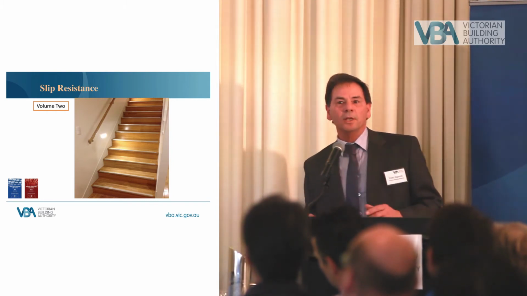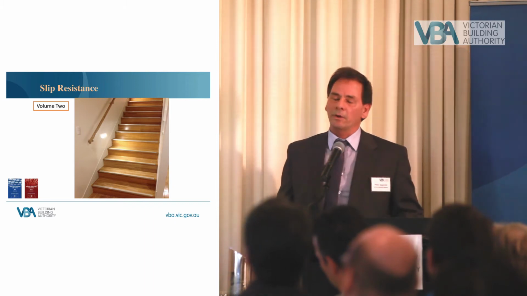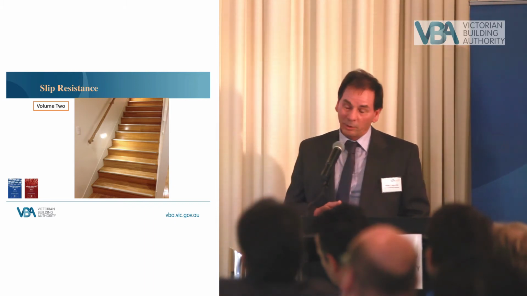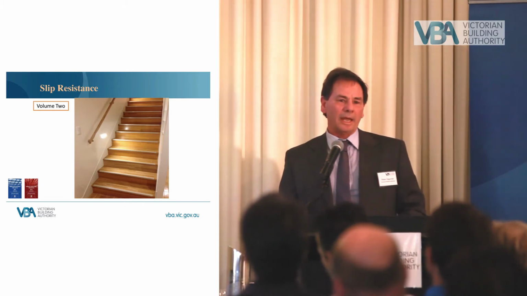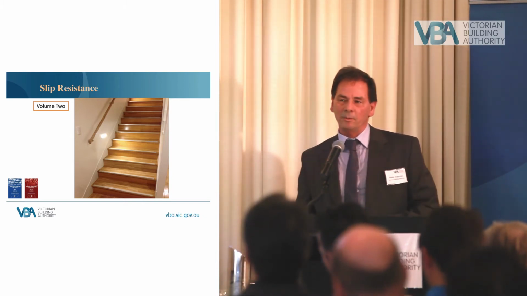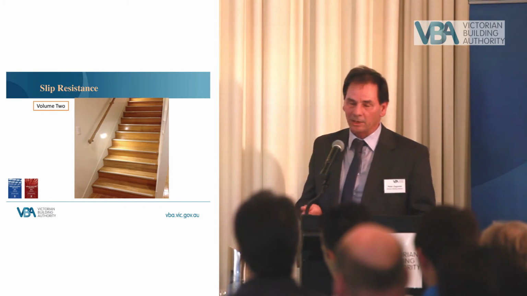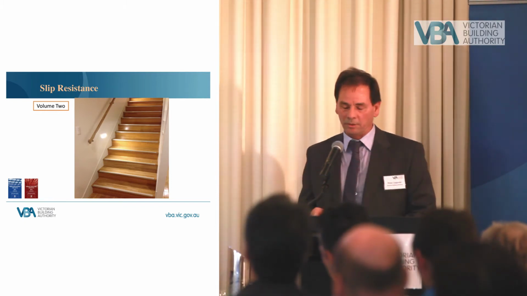So in the process, if you get an application currently for a building permit that requires this provision, the building surveyor can use Section 10 for the time being until that goes through. As I said, we're hoping it will be through by the end of next week.